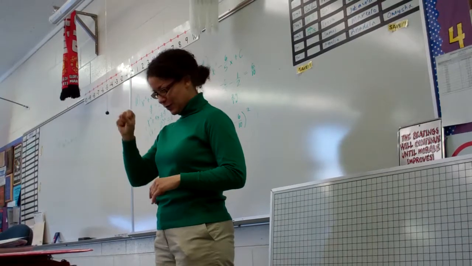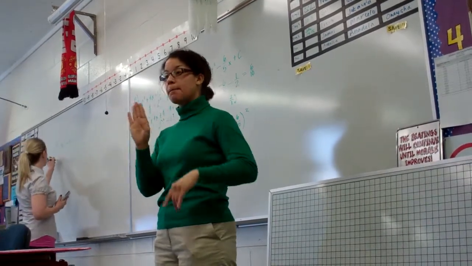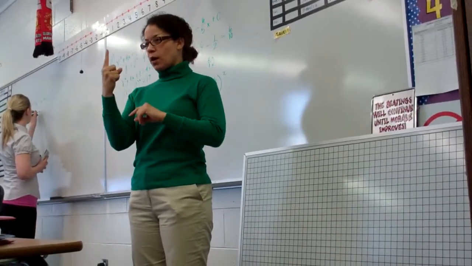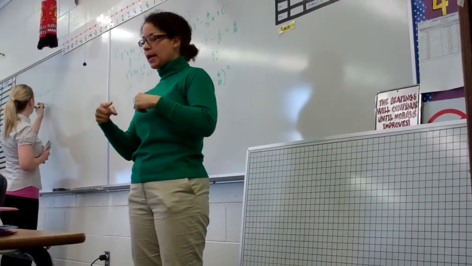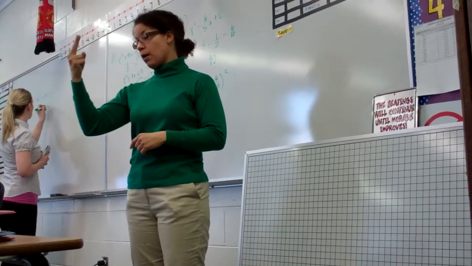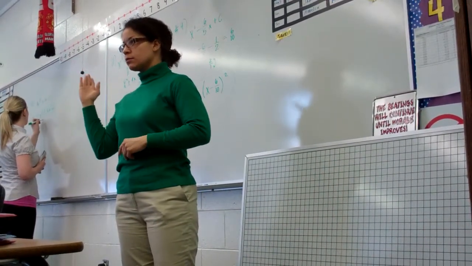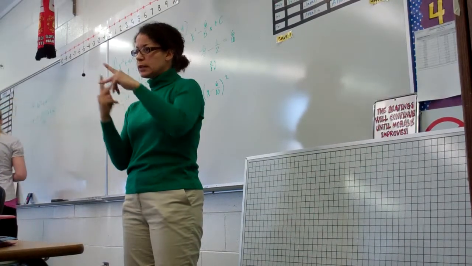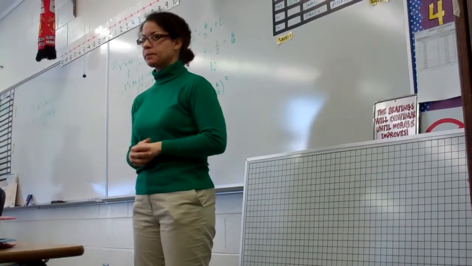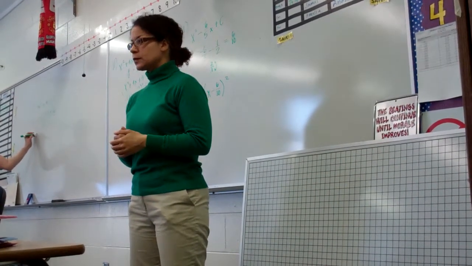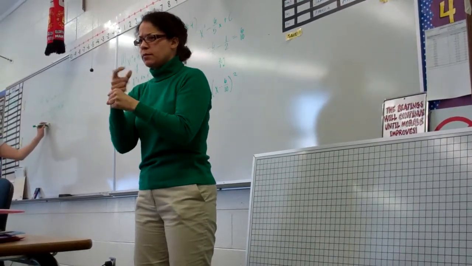Okay, so opposite of b, which is going to be positive 1, plus or minus the square root of b squared minus 4 times a times c, all over 2 times 3. Okay? So I'm simplifying what's underneath my radical first.